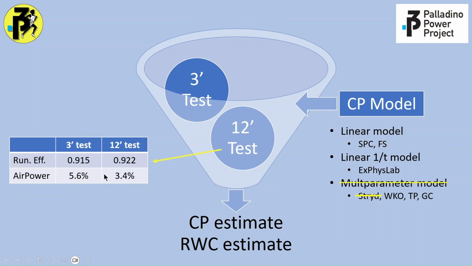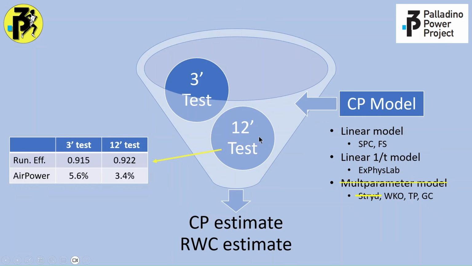Sometimes it's about the same, and when you round them, they're the same. Might be 4%, and that's okay. But the 3-minute test should never be a lower air power than the longer CP test, unless there were some issues with wind and running direction relative to the wind.